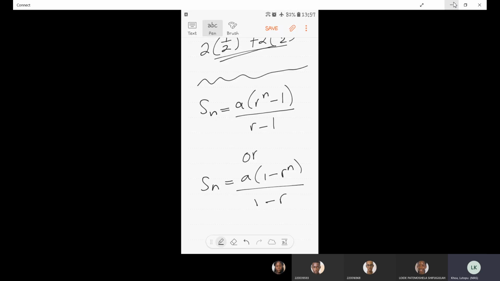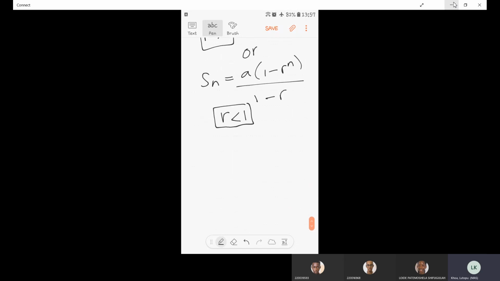I see sometimes they say use this one when r is greater than 1 and use this one when r is less than 1, but it does not make a difference which one you use. Either way, your answer will be exactly the same. So we know what a is. a is the first term. We know what r is, that is the common ratio, and then we just substitute to get the answer. Then we can work out an example.